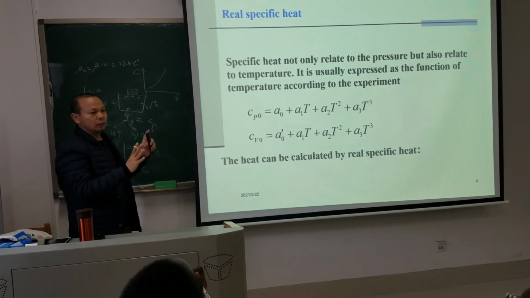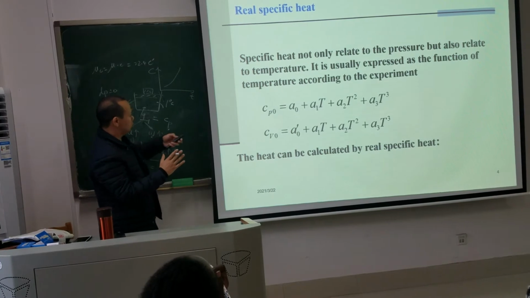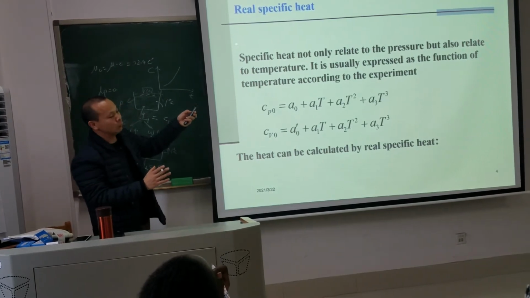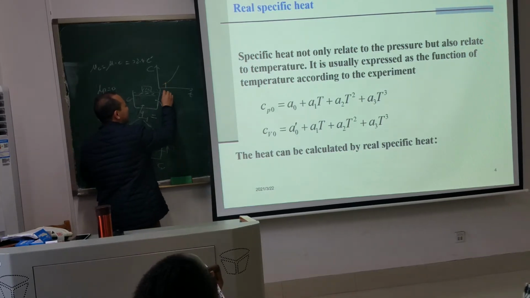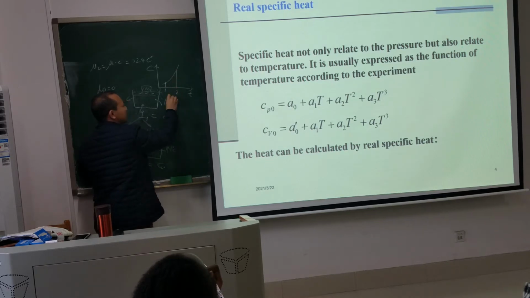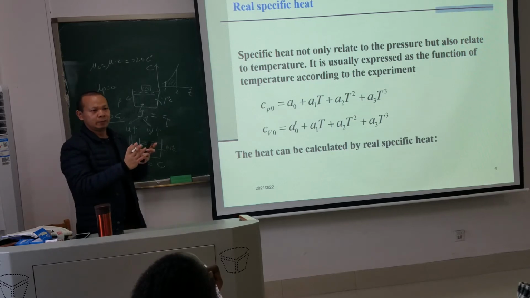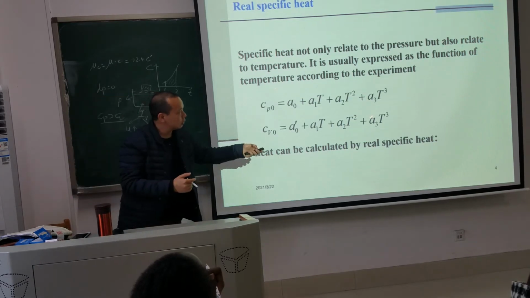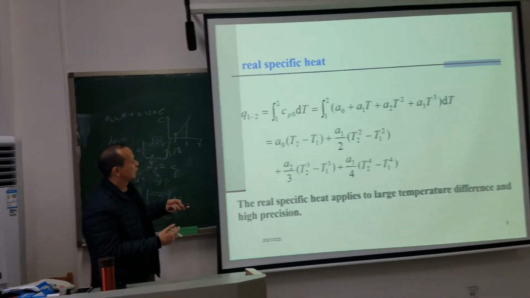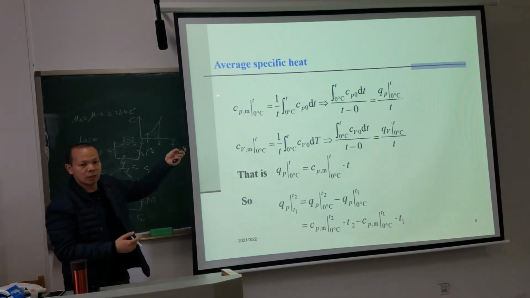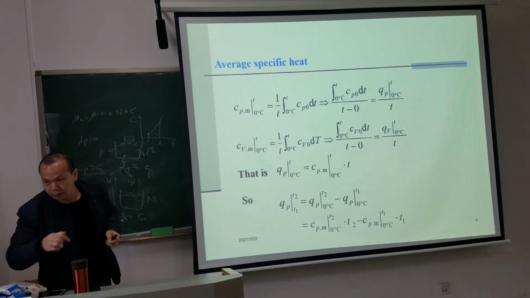It is a little hard for us to use the real specific heat, so for example, from temperature 1 to 2, if we want to calculate the area, we can use the real specific heat, or we can also use the average specific heat, which is like this. I think you can understand this well, yeah?